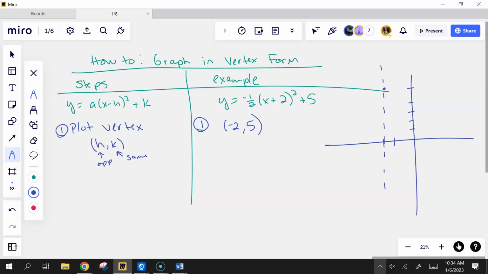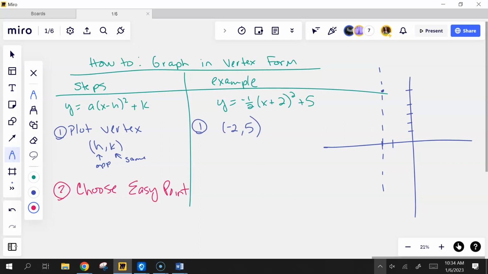Now I'm going to do my easy point. And here's where hopefully easy point will start to make a little more sense to you. Because I don't have the y-intercept, I'm going to have to choose an easy point to use to plug in. So if I'm starting at negative 2, what do you think a good easy point to use would be?